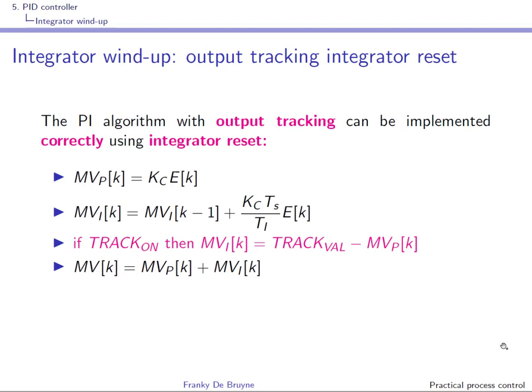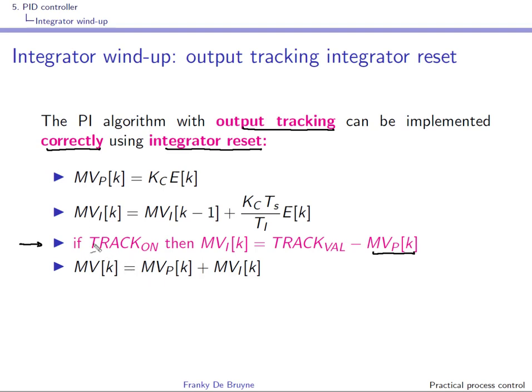The correct implementation of the PI algorithm with output tracking is to use integrator reset. So the equation is written over here. If track on, the binary signal, goes to 1, then you reset the integrator value to a value that is track value, the one you want to follow, minus the proportional value. At the next equation, you add this proportional value.